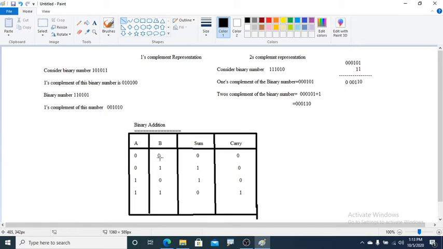So in this, 0 plus 0 is 0, 0 plus 1 is 1, 1 plus 0 is 1, 1 plus 1 is 1 0, 1 is carry and sum is 0.